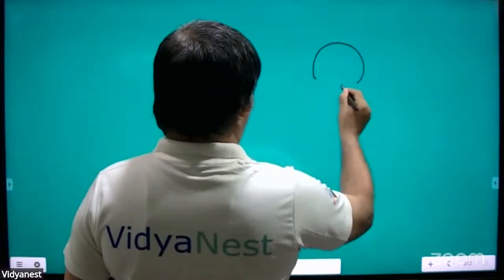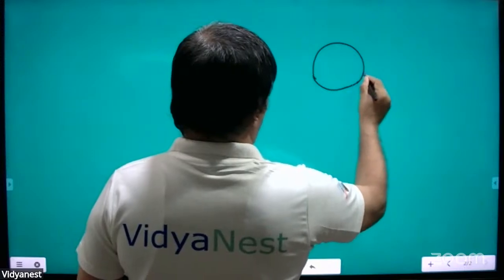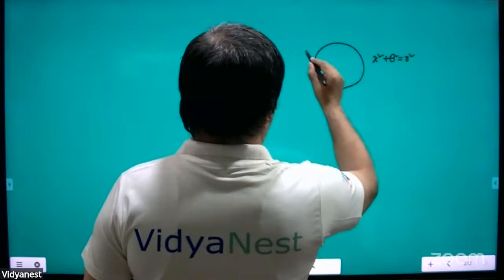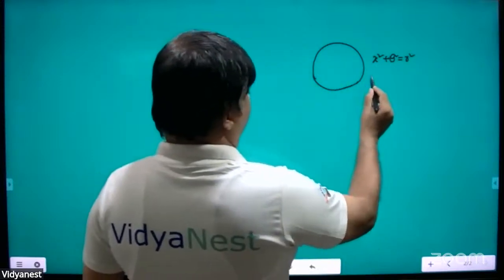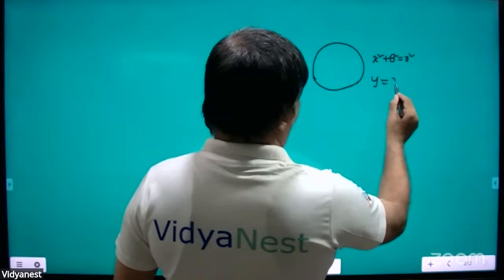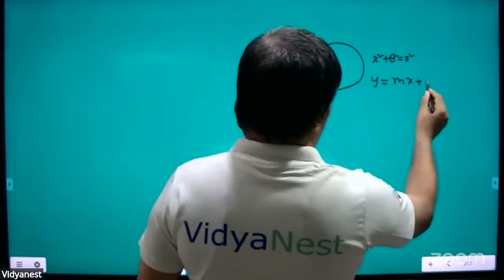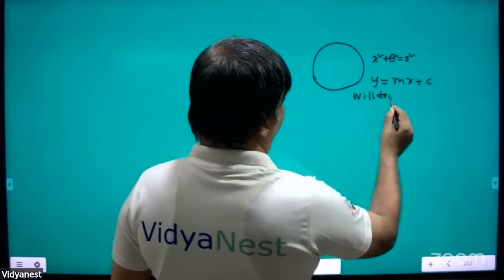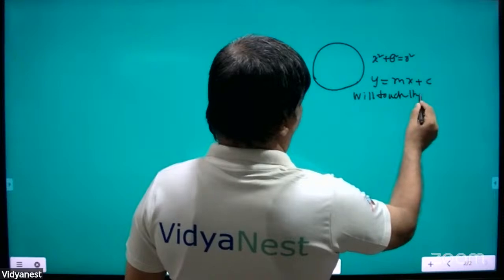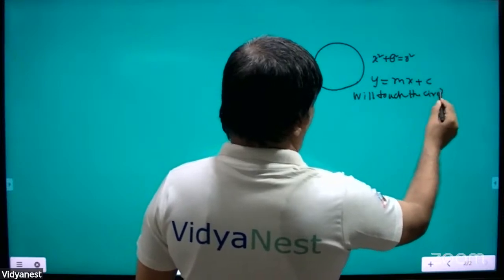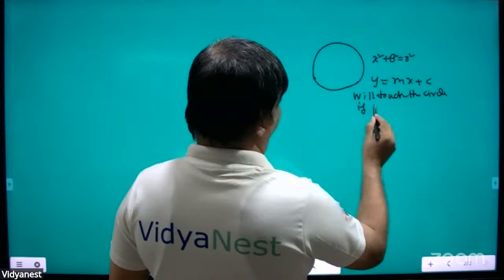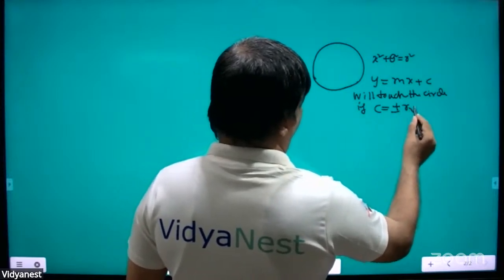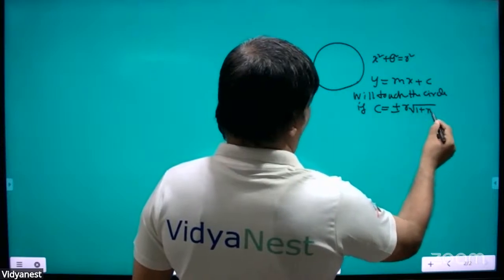We have got a circle, x square plus y square is equal to r square, and y is equal to mx plus c will touch the circle if c is equal to plus minus r root 1 plus m square.